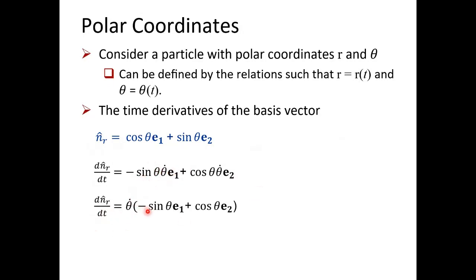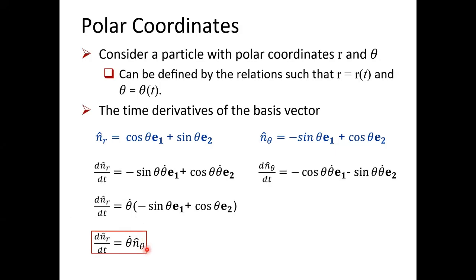If you take theta dot out, what is left is in fact n hat theta. That is the definition that we just looked at in the previous slide. Therefore, the first derivative of this unit vector, d n hat r over dt, is theta dot n hat theta.